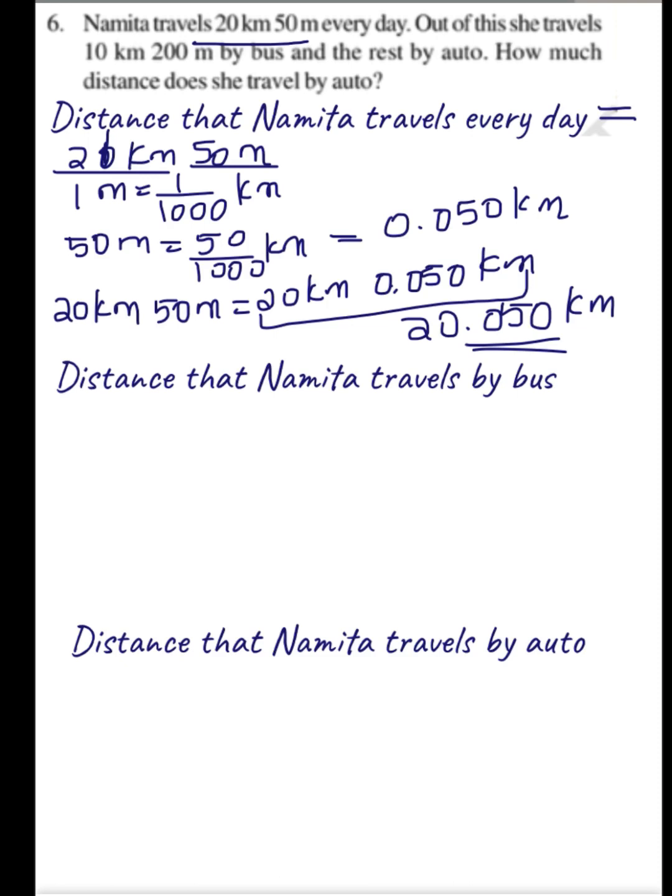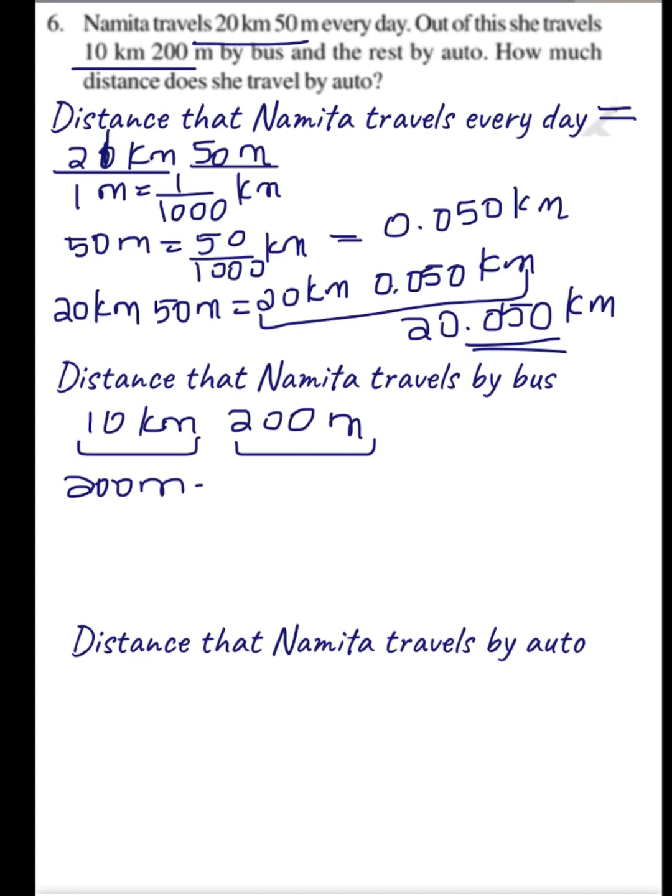Understand? Now, the distance that Namita travels by bus is given as 10 kilometer 200 meter. 10 kilometer is already in kilometer, so let's convert 200 meter. 200 meter is equal to 200 by 1000 kilometer. Now what is 200 by 1000? This is equal to 0.200 kilometer.